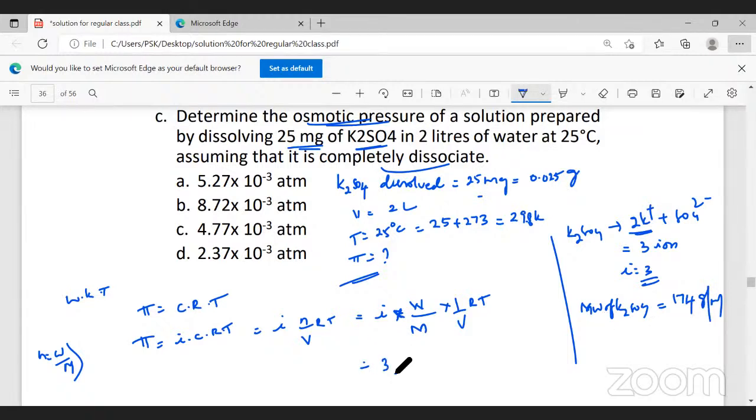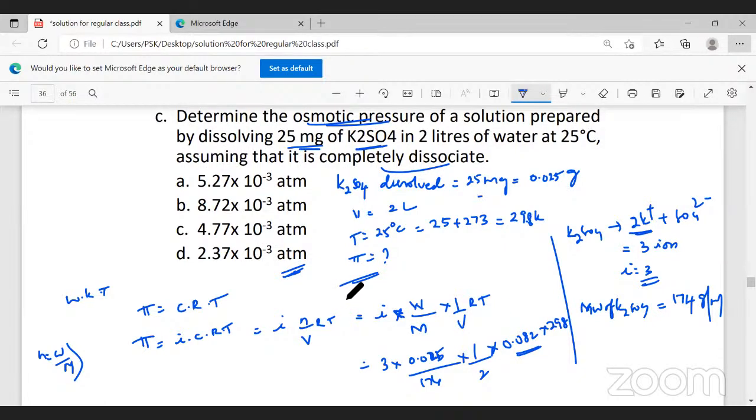So with all this, you can substitute here. i is equal to 3. Weight, they have given us 0.025. The molecular mass is 174. 1 by the volume, 2 liters. For R here, it is not in pascals. You can see the pressure is given in atmospheres. When the pressure is given in atmospheres, you have to take the R value as 0.082, and the temperature is 298.